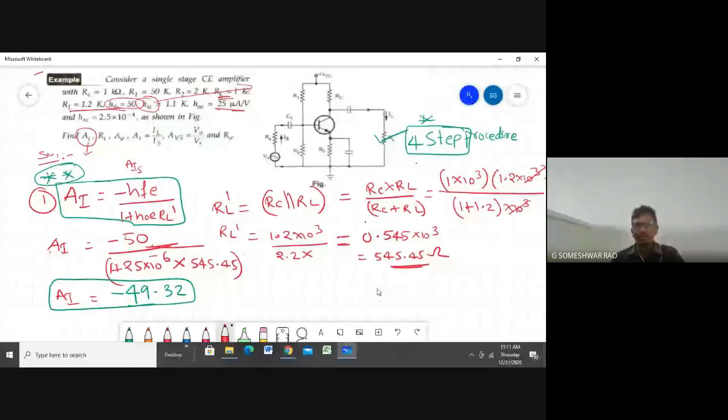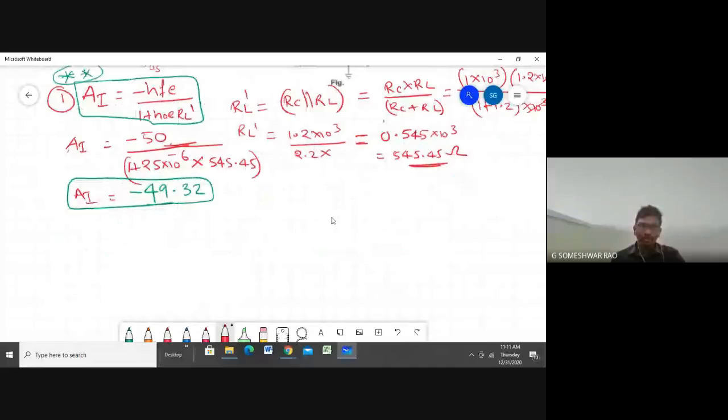See, when you are calculating second parameter as RI, so what are we taking? We are taking ready-made formulas. రెడీమేడ్ ఫార్ములాస్ ఎప్పుడు డిరైవ్ చేసాం మనం ప్రీవియస్ క్లాసెస్ లో డిరైవ్ చేసాం. అన్ని ఫార్ములాస్ ఒక పేపర్ లో రాయమని చెప్పాను, నెక్స్ట్ క్లాస్ వరకు ఆ ఫార్ములాస్ రిఫర్ చేయాలి. So what is the formula we got? HIE plus HRE into AI into RL dash. Am I correct, sir?